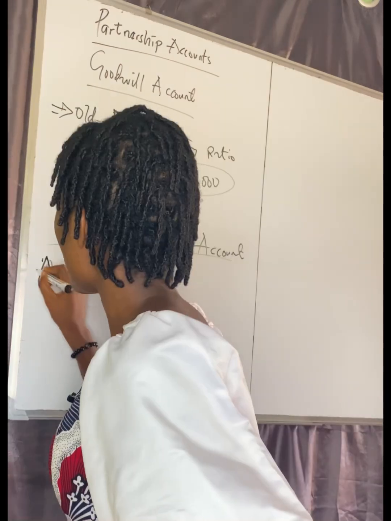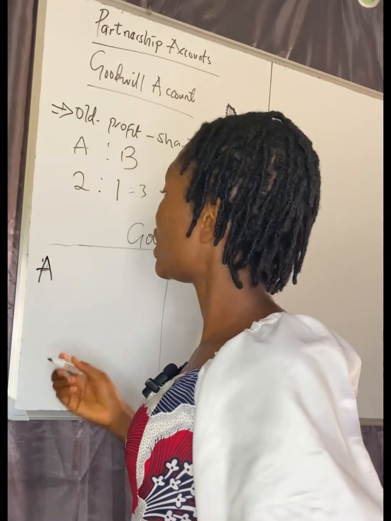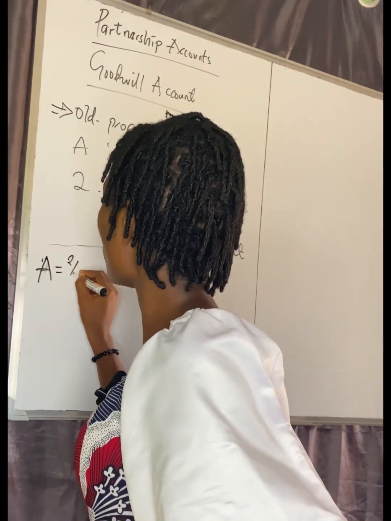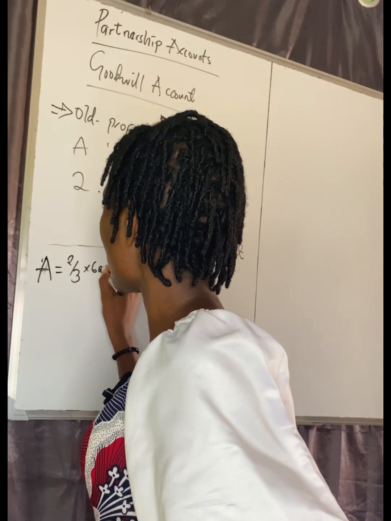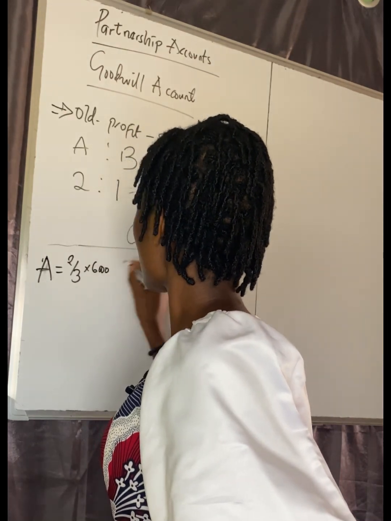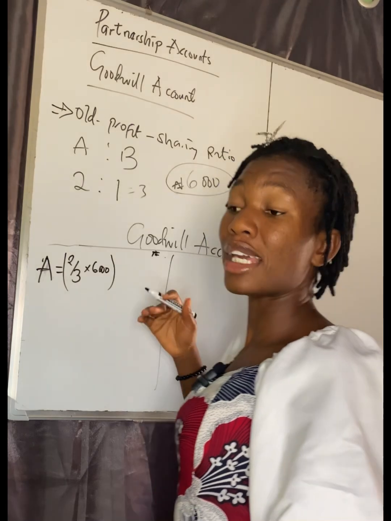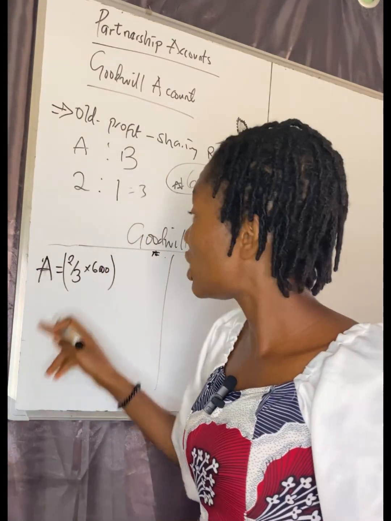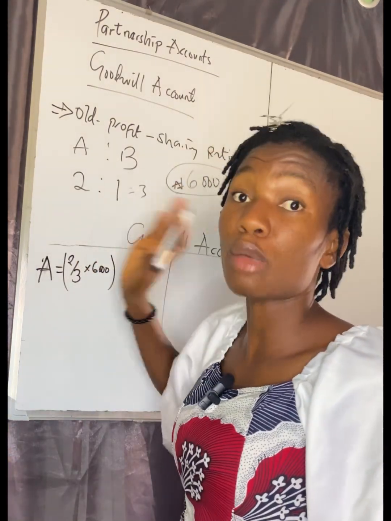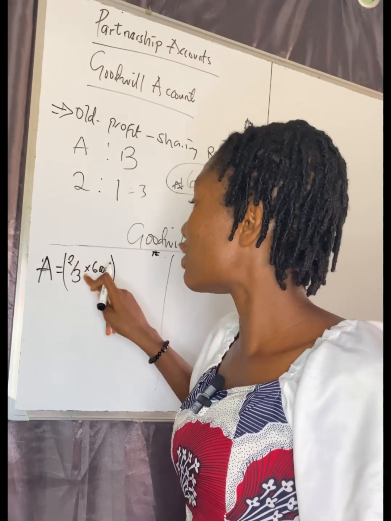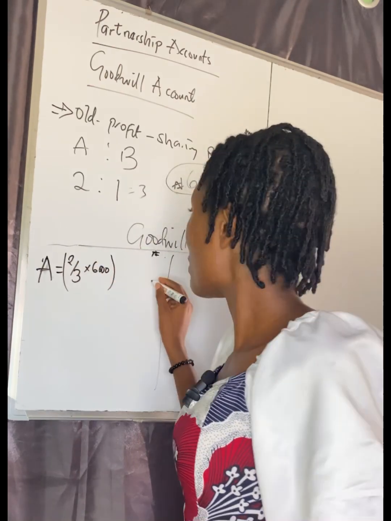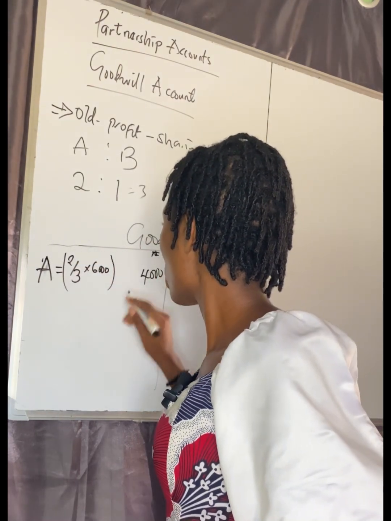That means A will be having a goodwill amount of 2/3 times 6,000 naira. So A is having 2/3 times 6,000 naira. That means A will be having 4,000 naira.